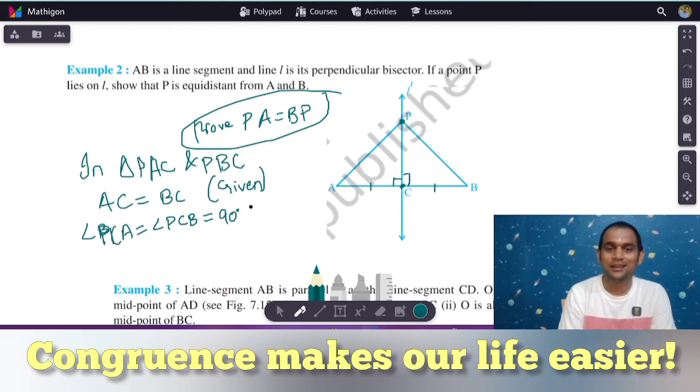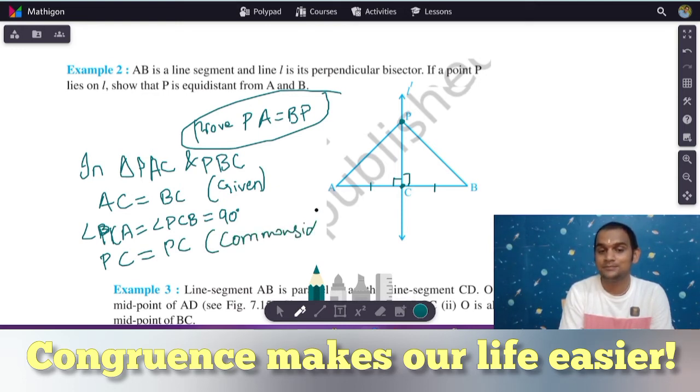Yes or no? And then similarly we can see that PC is equal to PC because this is the common side in both the triangles we have considered. Common side.